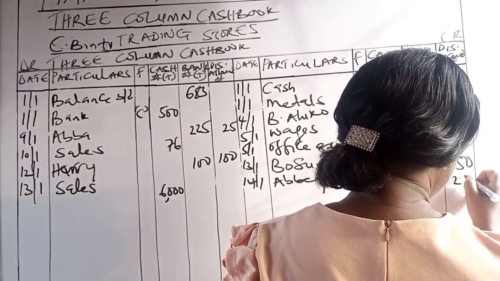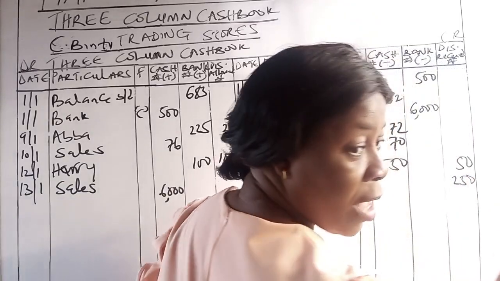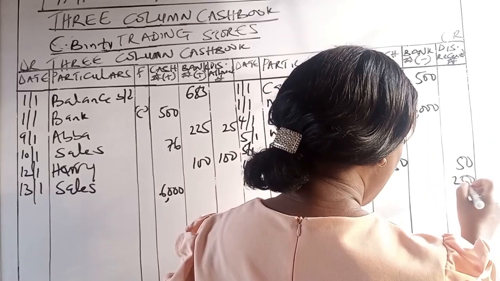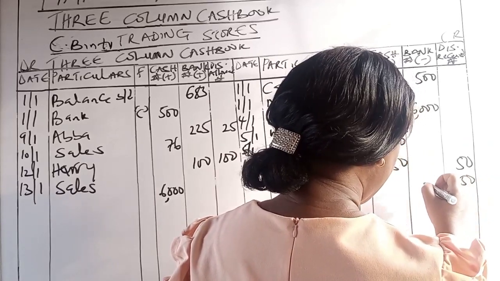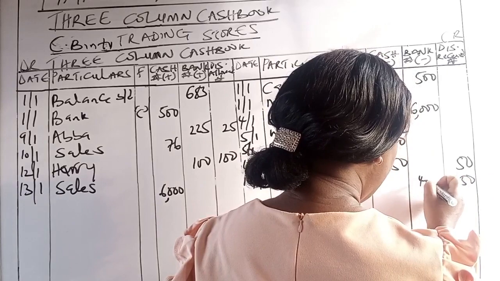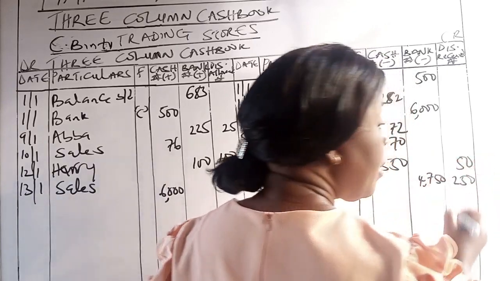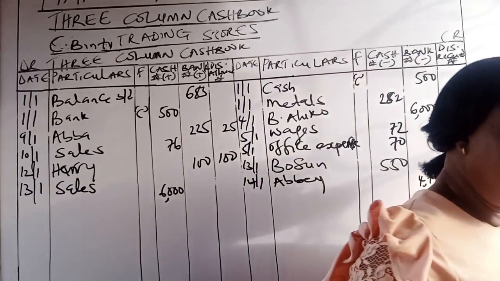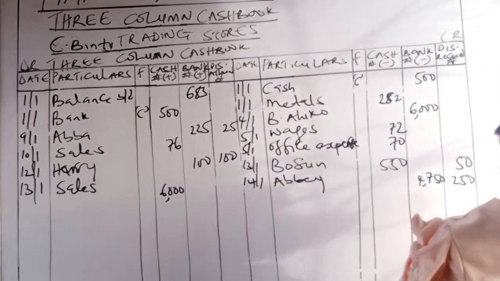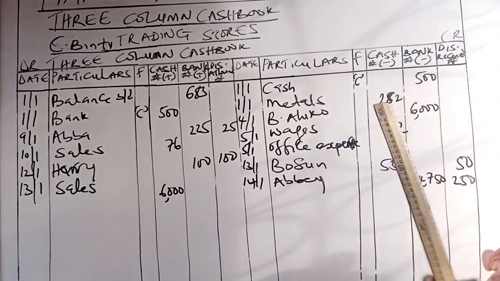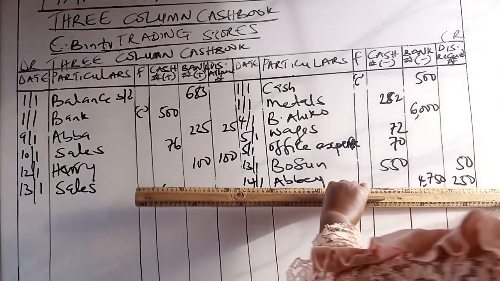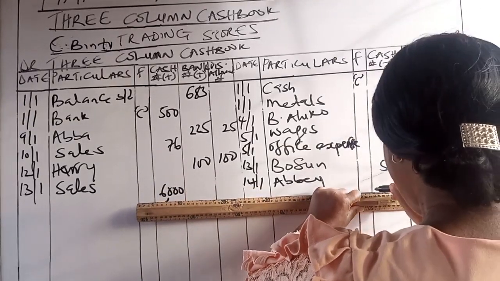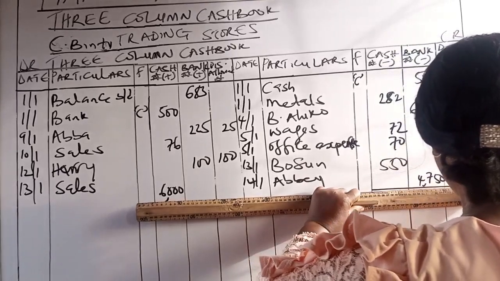So the discount received from him was 250, and since it was by check, 5,000 minus 250 gives us 4,750 naira. Having gotten to this stage, we are going to find the balance by doing the necessary addition and subtraction.